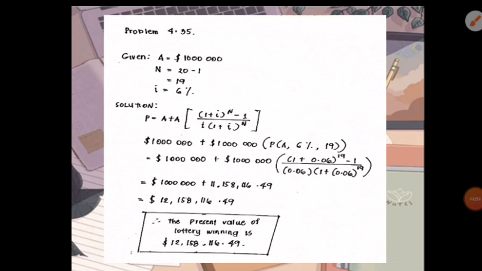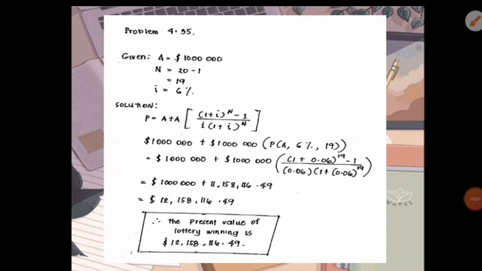P is equal to A plus A, 1 plus the interest rate raised to n minus 1 over interest rate times 1 plus interest rate raised to n. So, $1 million plus $1 million, which is the A plus A, times P over A, 6%, which is the interest rate, and the N, 19. So, it is equal to $1 million plus $1 million times quantity 1 plus 0.06 raised to 19 minus 1 over 0.06 times 1 plus 0.06 raised to 19.